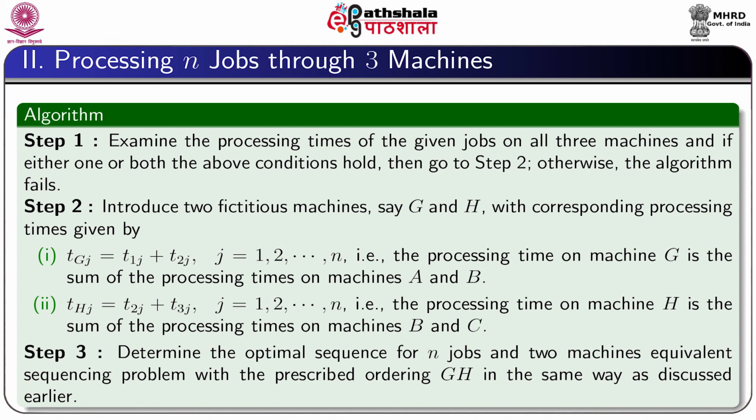That is, the processing time on machine H is the sum of the processing times on machines B and C. Step 3. Determine the optimal sequence for n jobs and 2 machines equivalent sequencing problem with the prescribed ordering GH in the same way as discussed earlier.